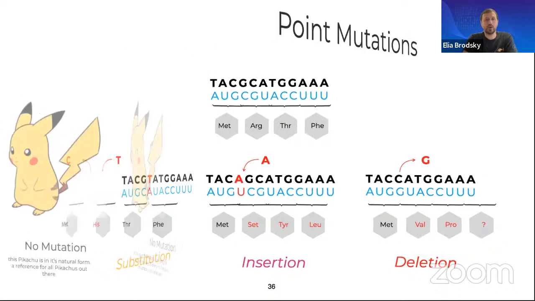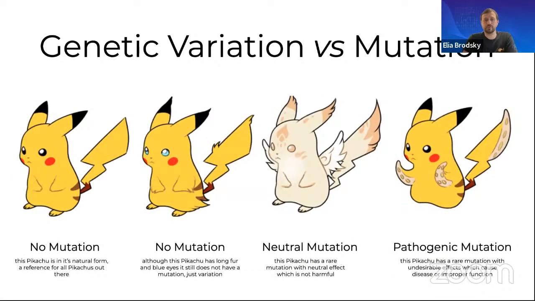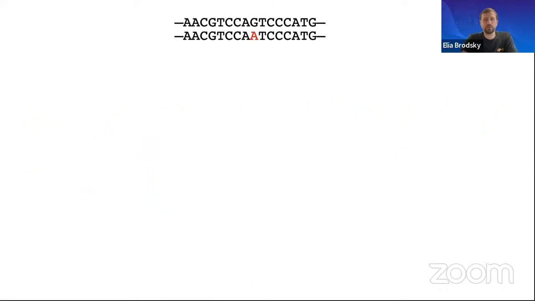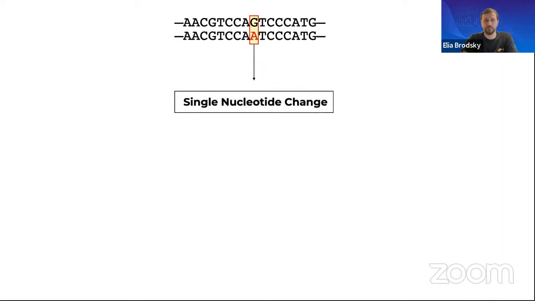And we will discuss genetic variants versus mutations, neutral mutations, pathogenic mutations, and essentially mutations that don't matter. The way that we will talk about this is we will try to understand the changes at the sequence level, at the DNA nucleotide level.